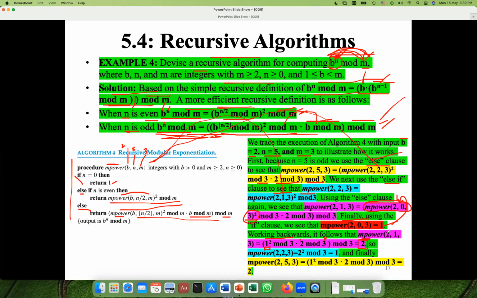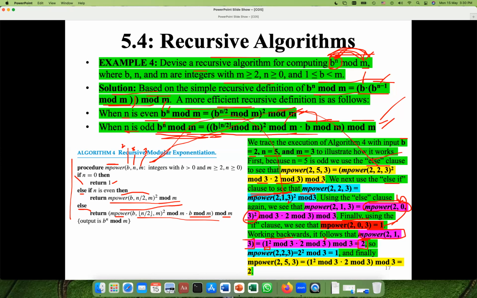So now m power 213, this portion, when you called it, what do you have? 2, m power 213. And where do you call this 213? Here we are calling 213. And what is the value for 213? 2.